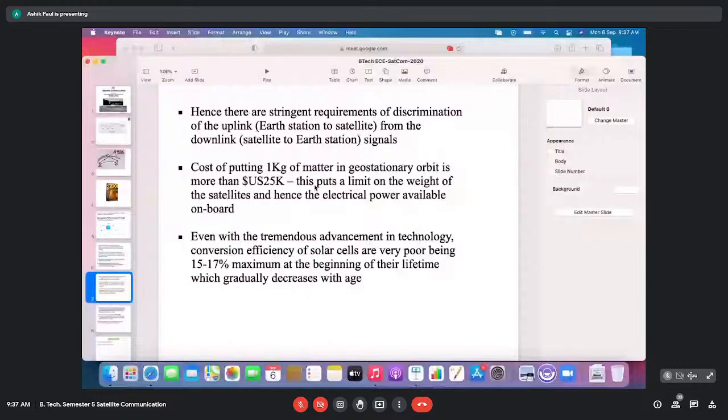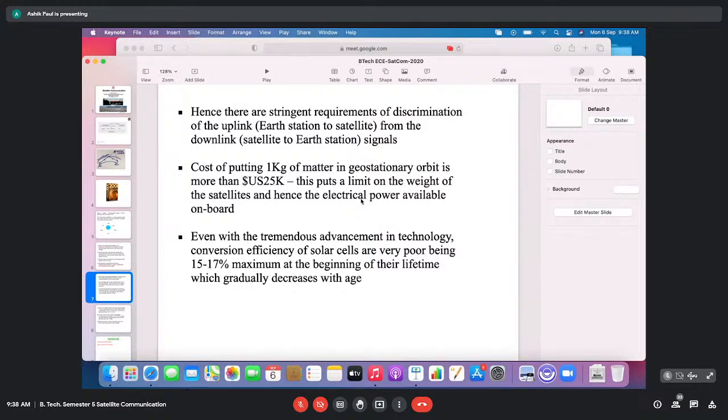And that is why, as you must have read, present day we are gradually going for a larger number of smaller satellites. These satellites are referred to as CubeSats or nanosatellites. And if we put more and more hardware and electronics inside a satellite, there is also a limitation of electrical power available on board once the satellite is placed in orbit.